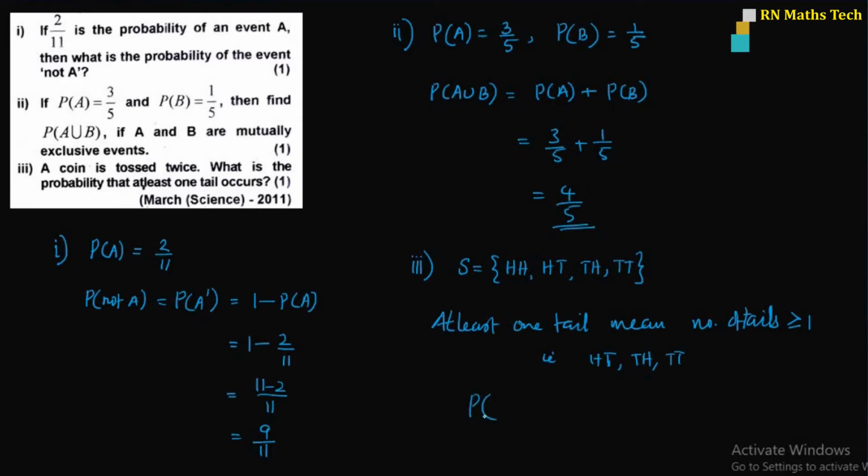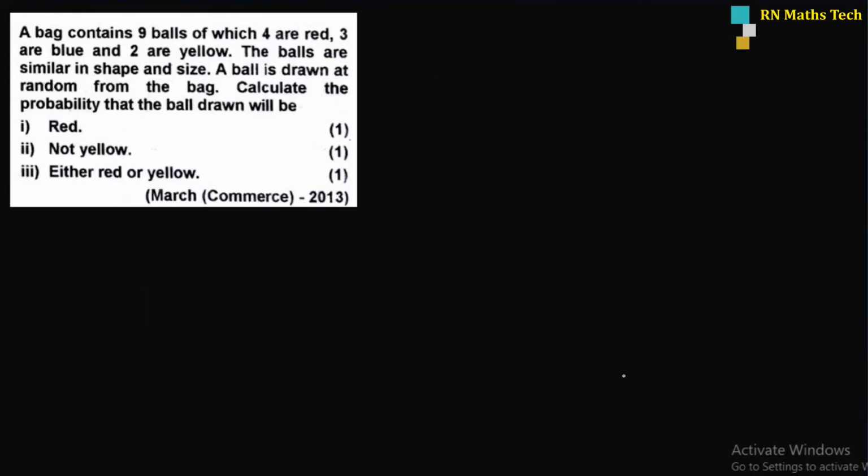Therefore probability of at least one tail is equal to 3/4.